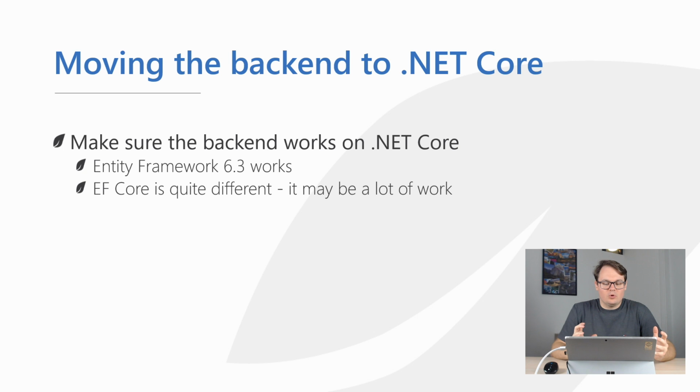It's more than 10 years younger than the classic EF, so there is also a fundamental difference in how the queries are dispatched and evaluated. So maybe you can stay with Entity Framework if you upgrade to 6.3, because this is supported on .NET Core, and it will work as it was.